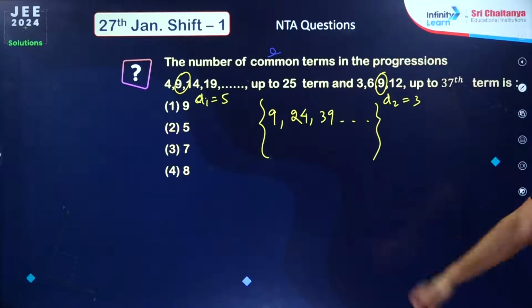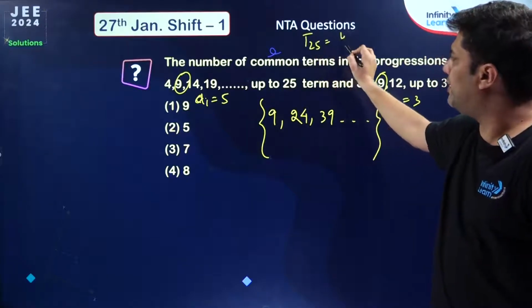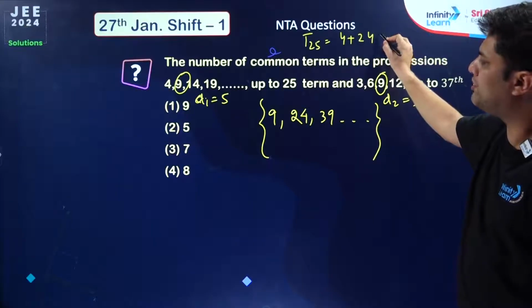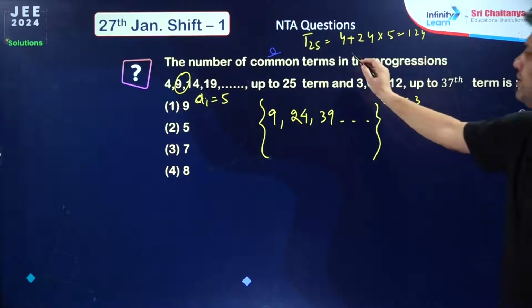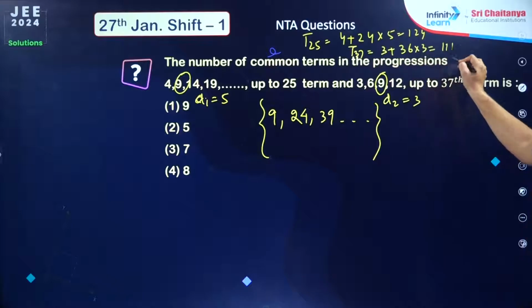So the number of common terms you can easily find. The 25th term in the first AP you can find: 4 plus 24 into the common difference 5. So this is 124. And the 37th term in the second AP will be 3 plus 36 into 3, that is 111.